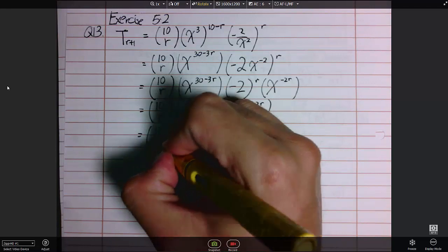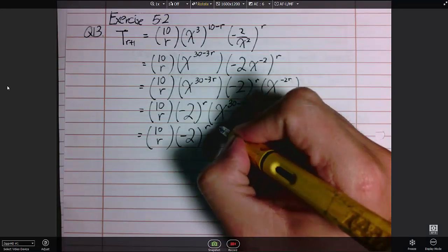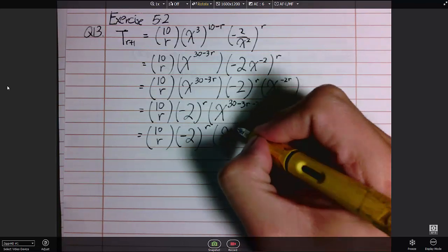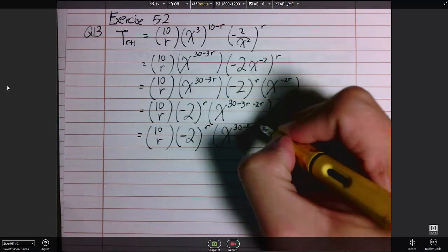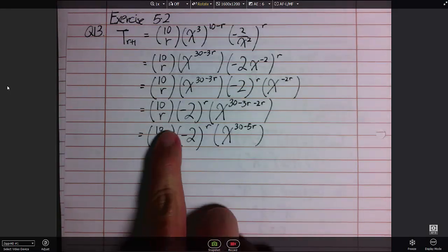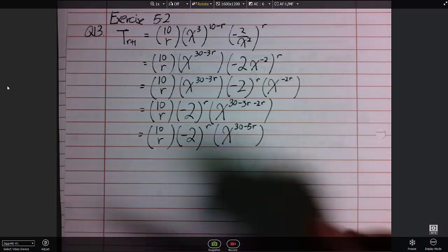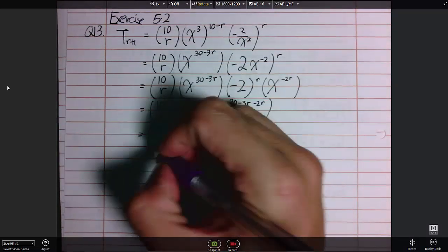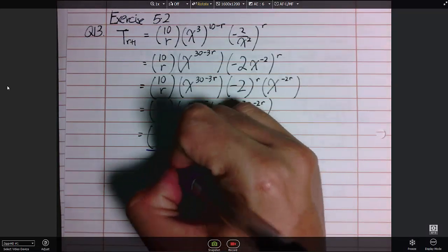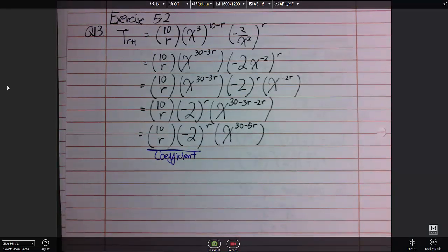I simplify further: negative 2 to the power of r, and x to the power of 30 minus 5r. Notice that this is a term in x. 10 choose r is a number, negative 2 to the power of r is a number. So later in the question, this portion will give me the coefficient of whatever term in x we're trying to find.